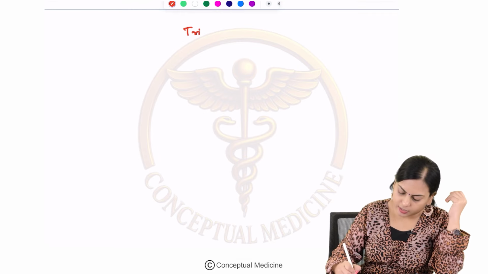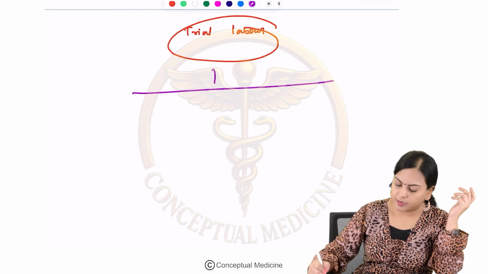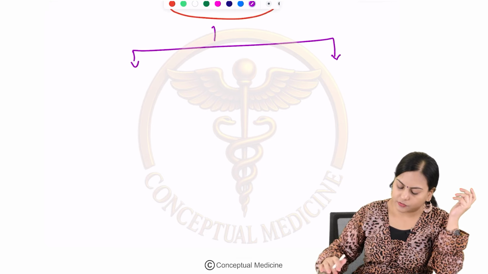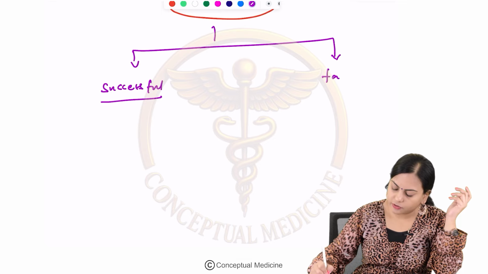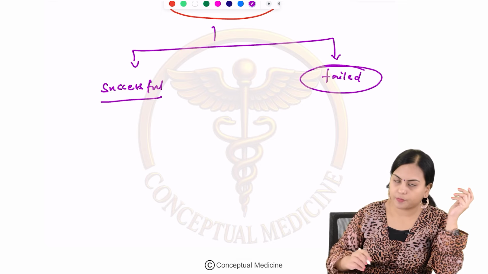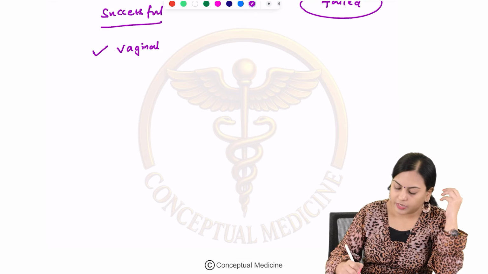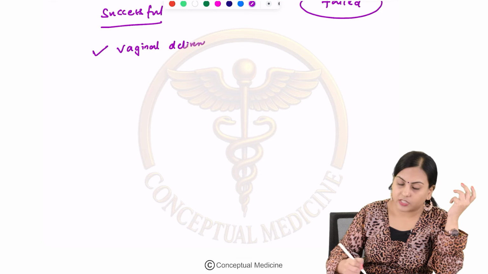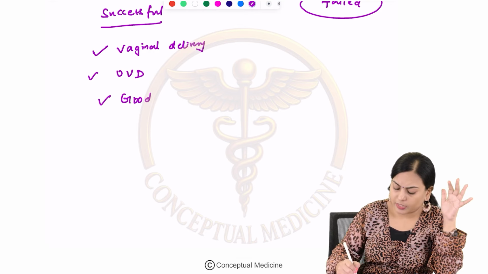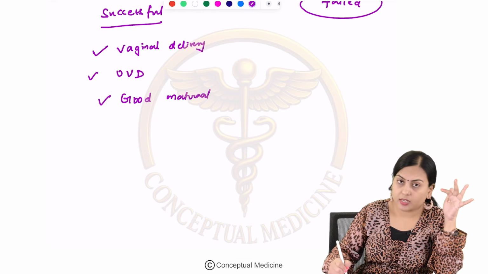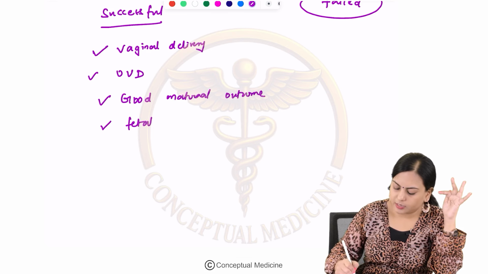Then if you take trial labor, sometimes it can be successful or it can go for failure also. Okay. So, it is successful when it has ended in vaginal delivery or operative vaginal delivery, and if there was a good maternal outcome as well as good fetal well-being.